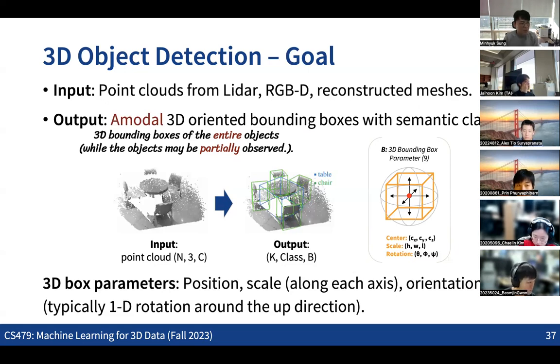But given the partial information, our goal is to get bounding boxes not only for the partial observation of each object, but for the entire objects, assuming that the missing areas will be filled with complete objects. That's what we want to do.